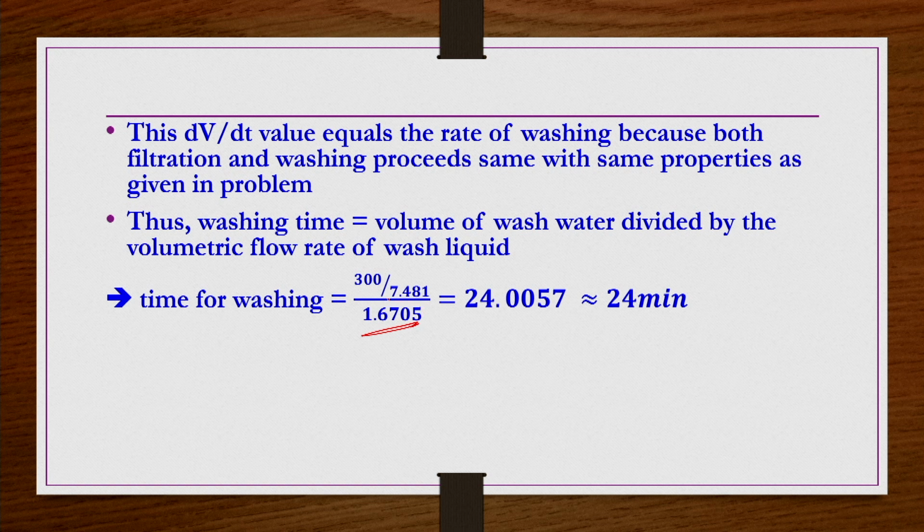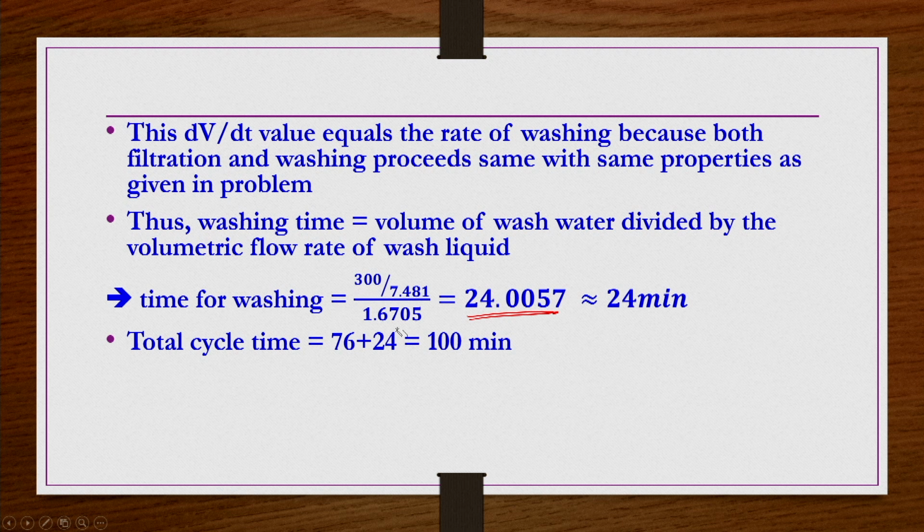The volumetric flow rate of filtrate we already calculated as 1.6705 feet cube per minute. So, that comes out to be 24.0057, approximately 24 minutes. That means total cycle time is 76 plus 24 equals 100 minutes.